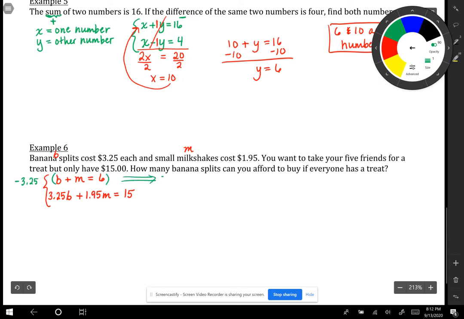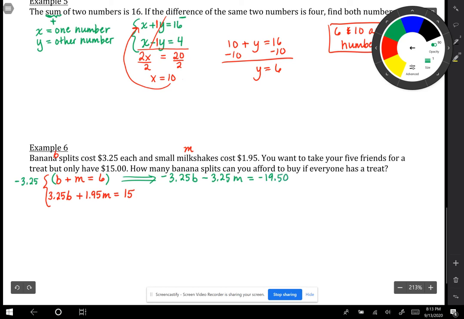So we have negative 3.25b minus 3.25m equals, all right, now I got to do some multiplication here. Negative 3.25 times 6 is, let's see, 19.5, negative 19.5.